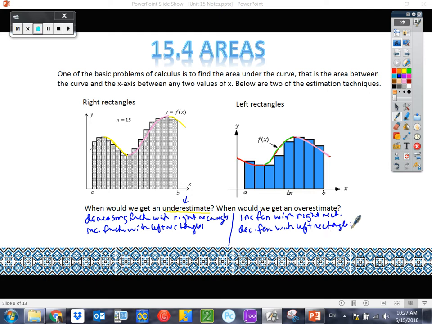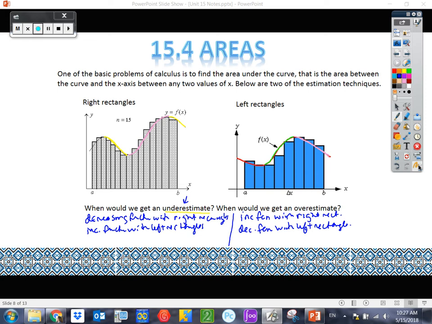So these are some things that you don't necessarily have to memorize. If you can just draw it out, you can really look and see, well, what's going on? Am I going to have too much area, or am I going to have not enough area? And that will lead us to our answer of this question. It's a typical question that we get in calculus, is our estimate an underestimate or an overestimate?